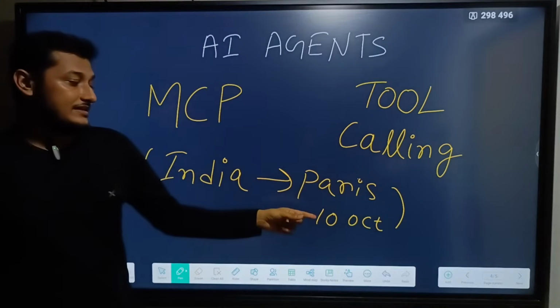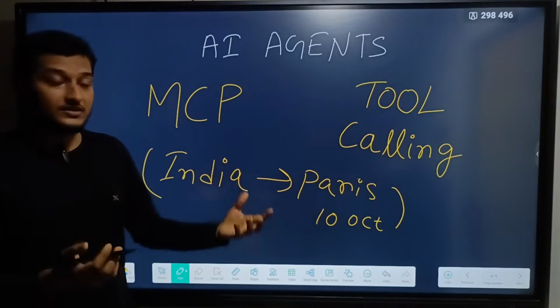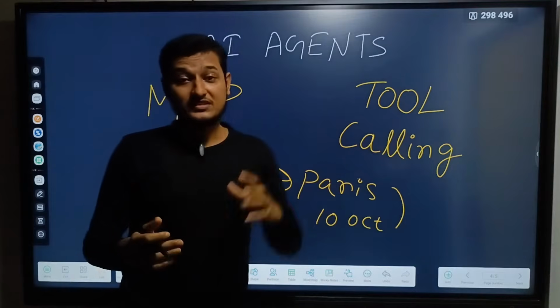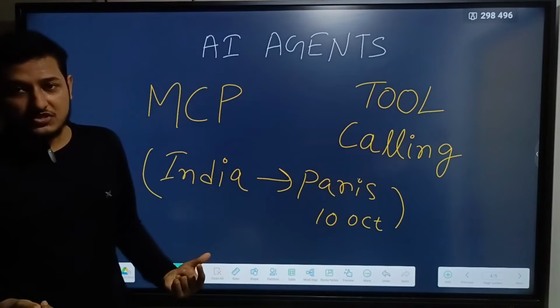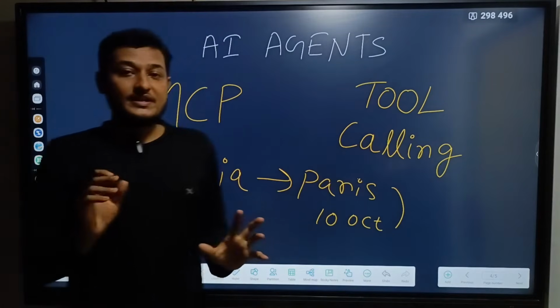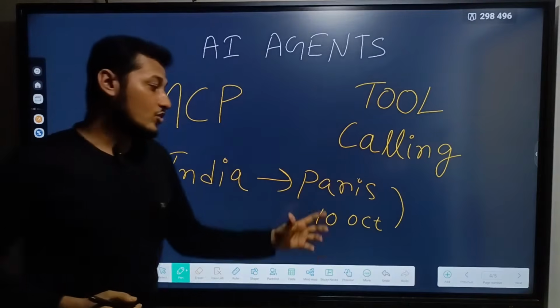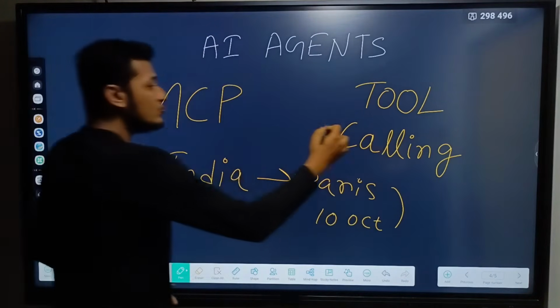Whether there is a flight on that day, or which type of hotel you want to book is available or not, the model doesn't have that information. So for that we need some kind of facility so that we can know or book the hotel. This is where tool calling capability comes in.